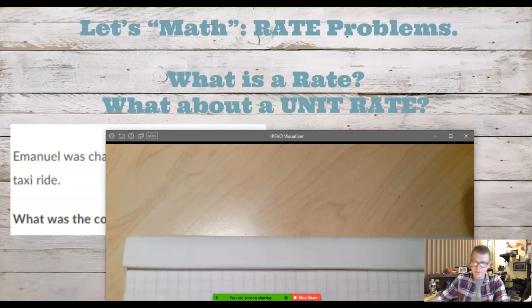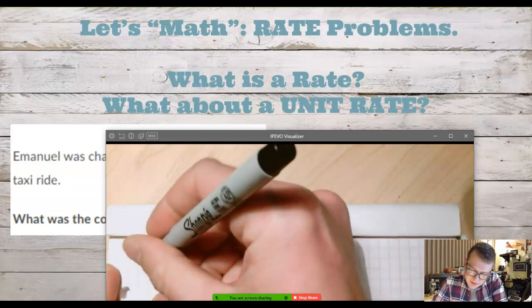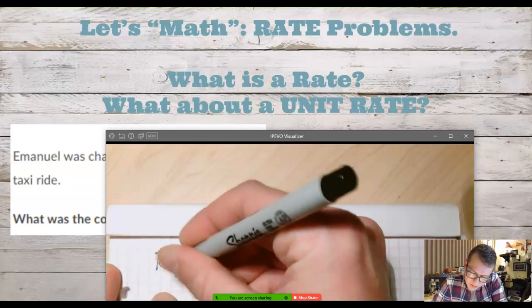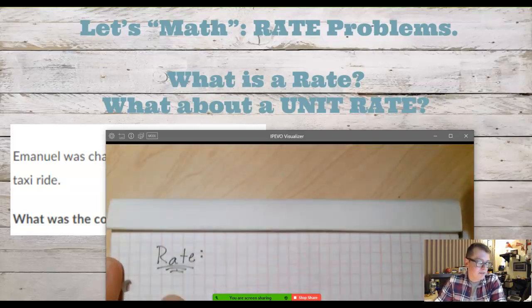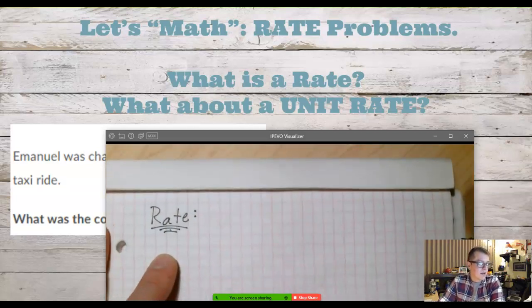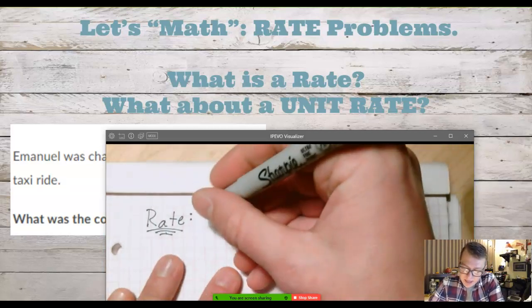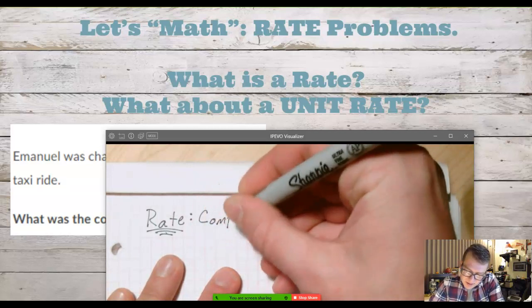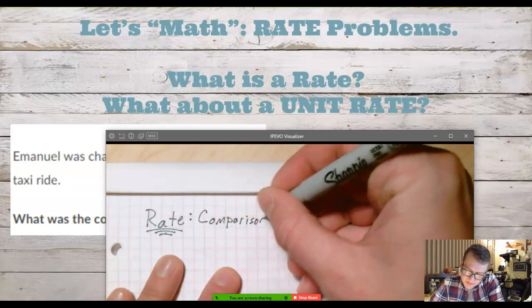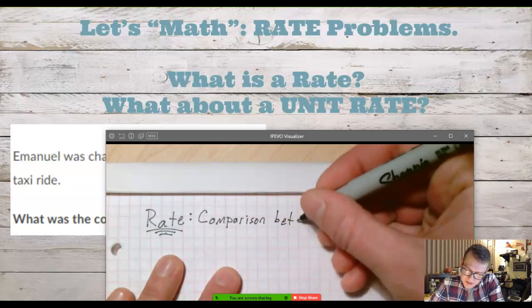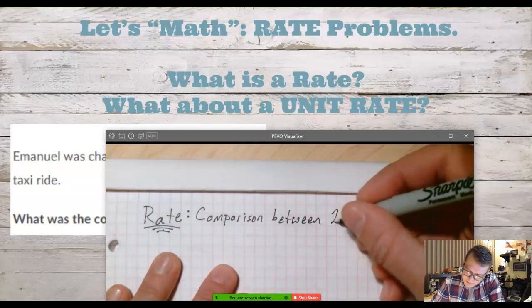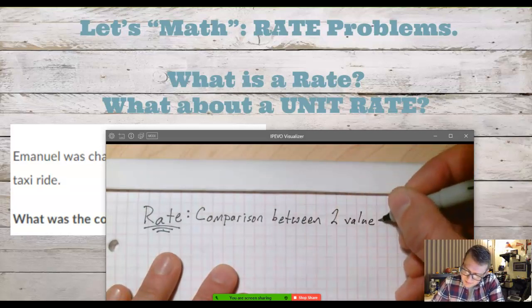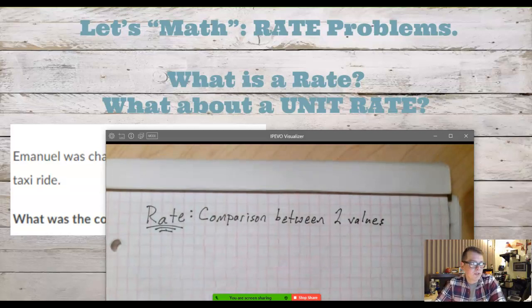So guys, on your paper, please write the word rate. And we should underline it because it's a vocab word. A rate is really just a comparison between two values.